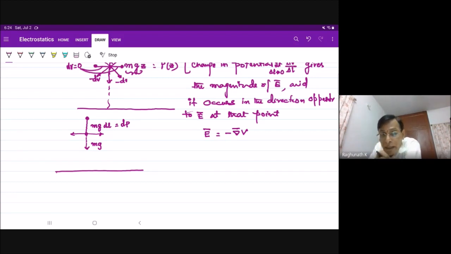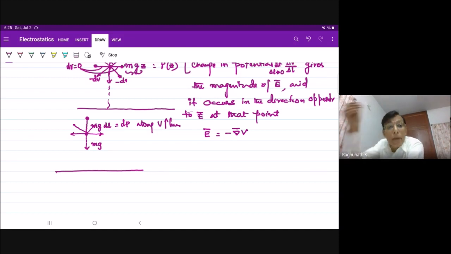For the same distance dl moved, only for the vertical path, change in potential is maximum. Along the vertically upward line, dp by dl is maximum in that direction only, which is equal to mg, correct?